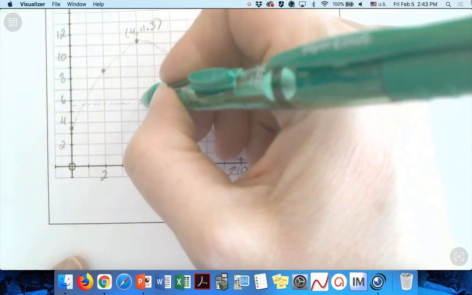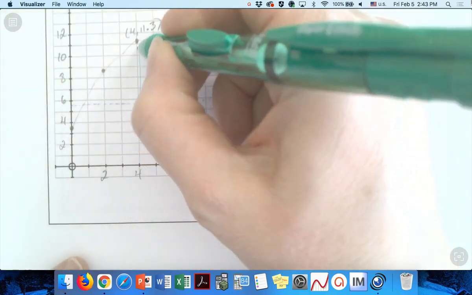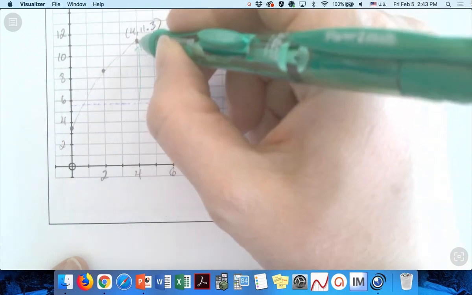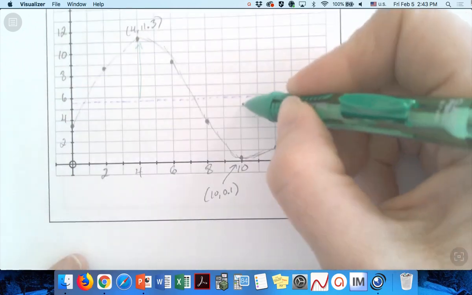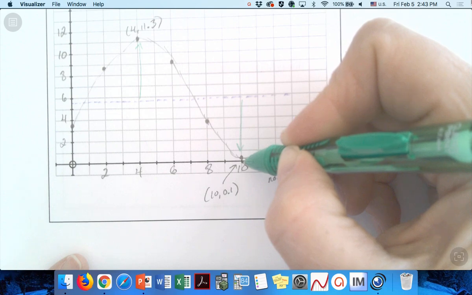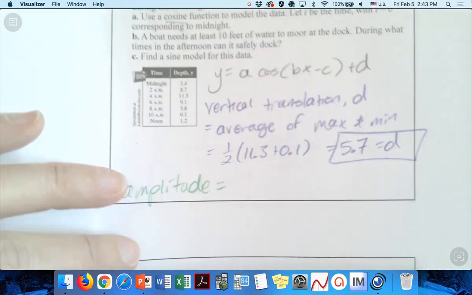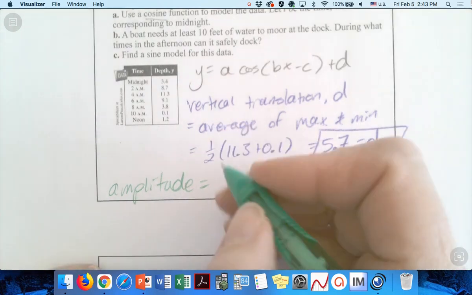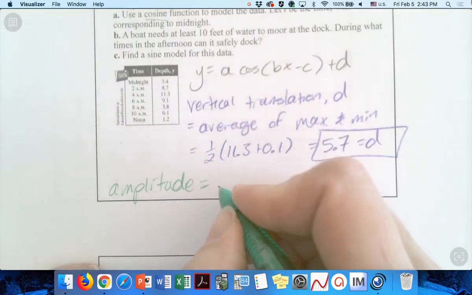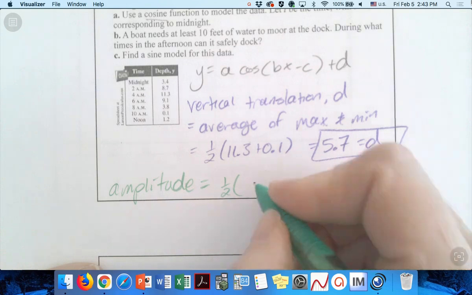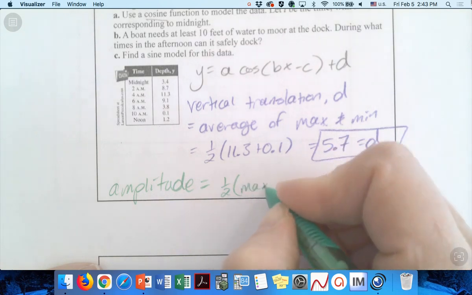Because now that you know that this is 5.7, you can also figure how far you have to go from 5.7 to 11.3, which is hopefully the same answer that you have to go from 5.7 down to 0.1, right? You can also figure that your amplitude is going to be half of the range. So half of the maximum minus the minimum.